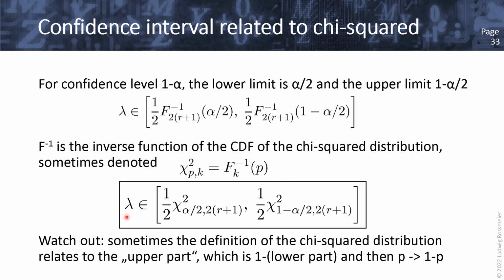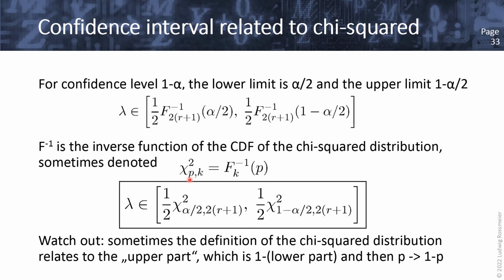And then we rewrite lambda is element of that interval, and we rewrite this here. So that means p is here alpha half, and p here is 1 minus alpha half. This is an often seen convention, but you need to take care. There are obviously 2 definitions for the chi-squared function.